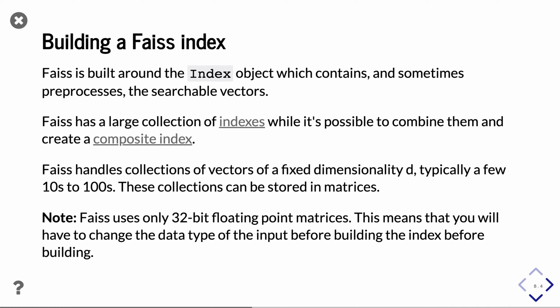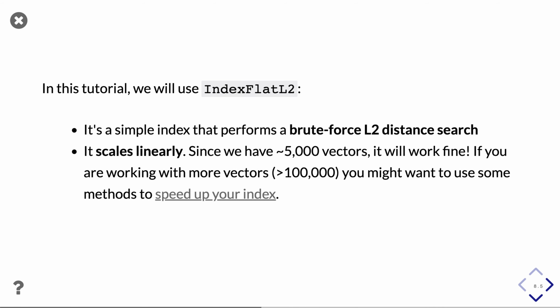So with Faiss, you have to provide the dimensionality of the input vector, and it's important to note that Faiss uses only 32-bit floating point matrices, which means that you'll have to change the data type of your input before building the index with your data. So in this tutorial, we'll use an IndexFlatL2 model.